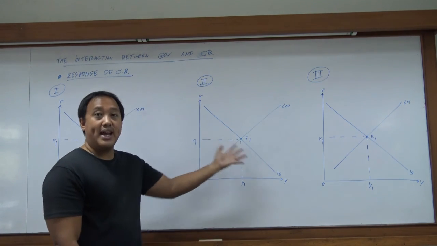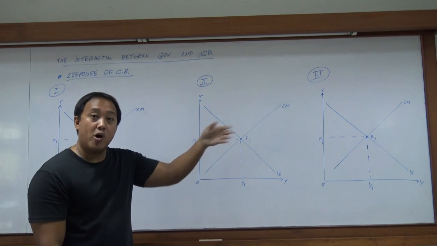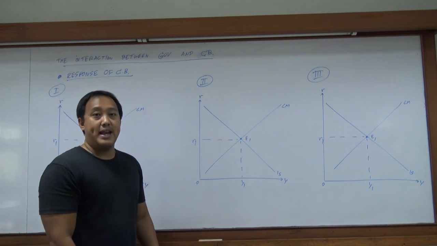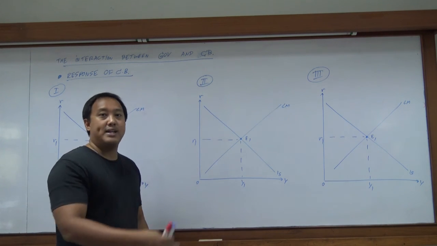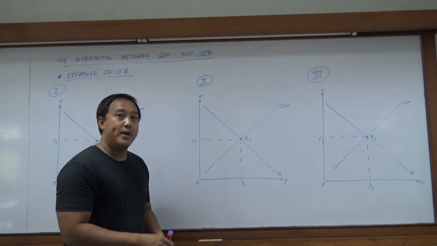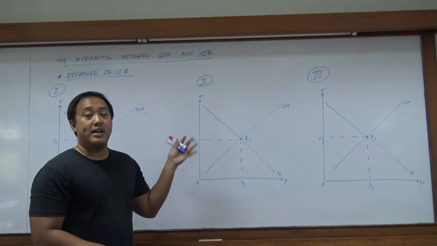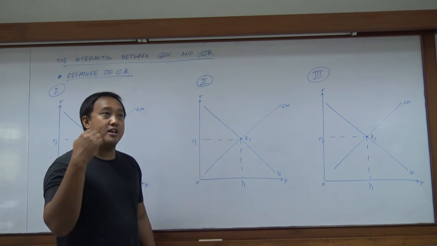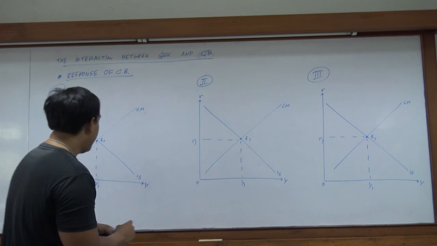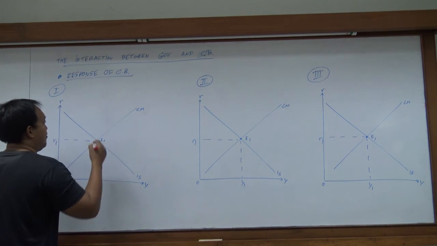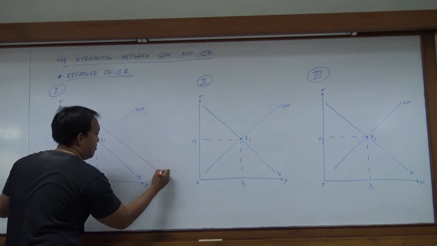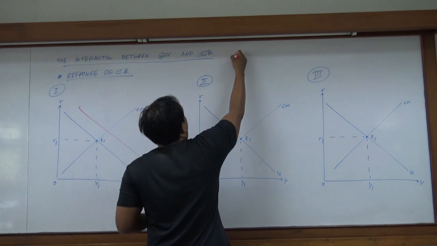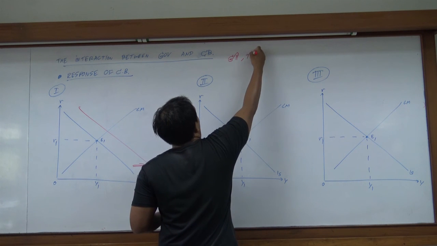In these three cases, the government spends more on government spending, or maybe lowers the tax. By doing this, all three cases have the same consequence. The IS curve shifts to the right because the government increases G or lowers the tax.